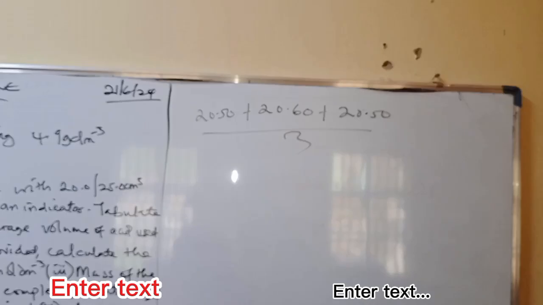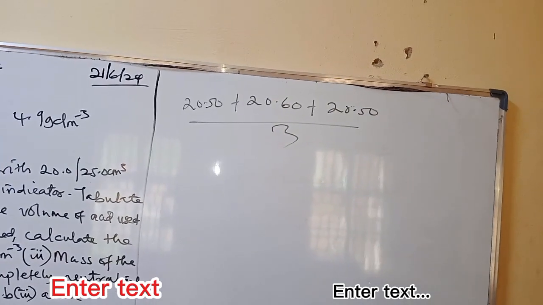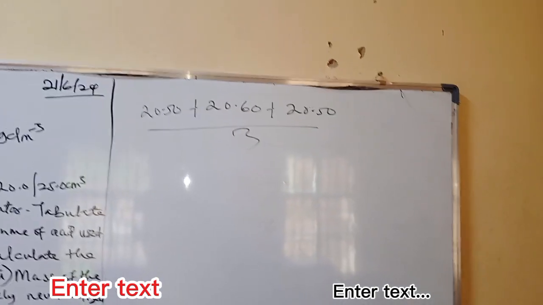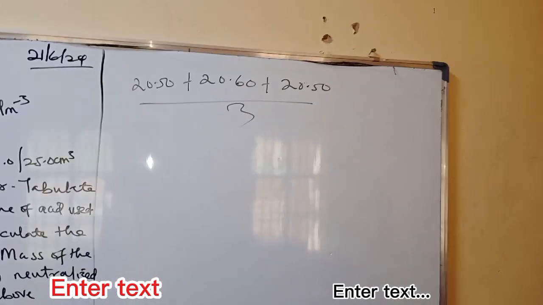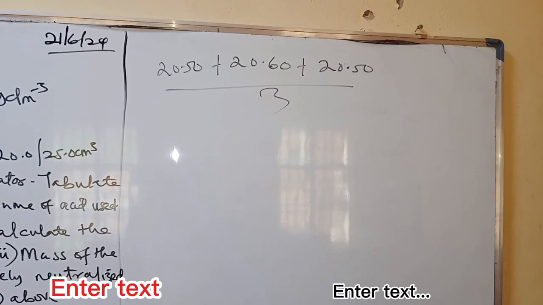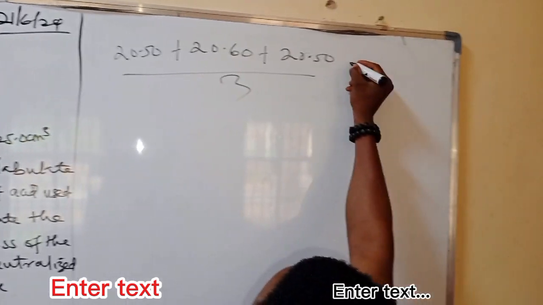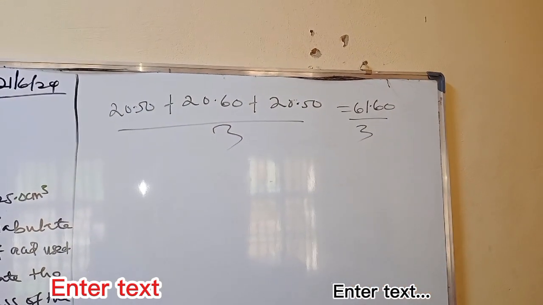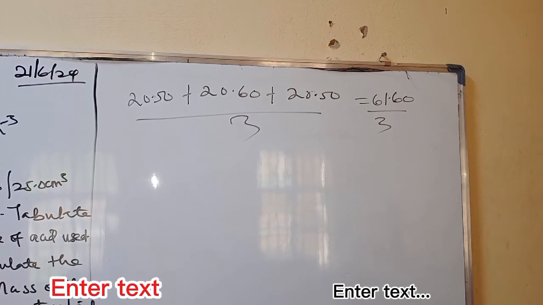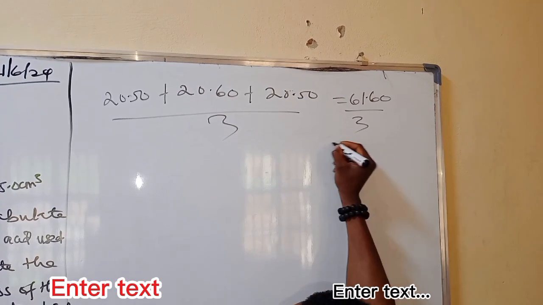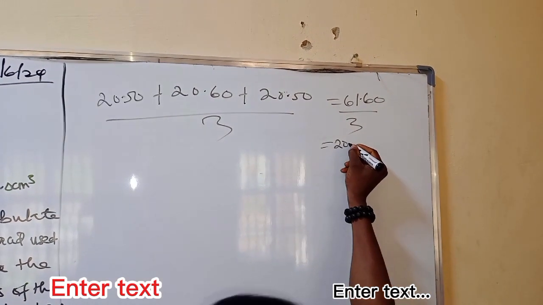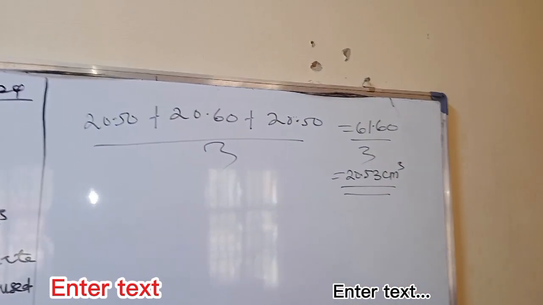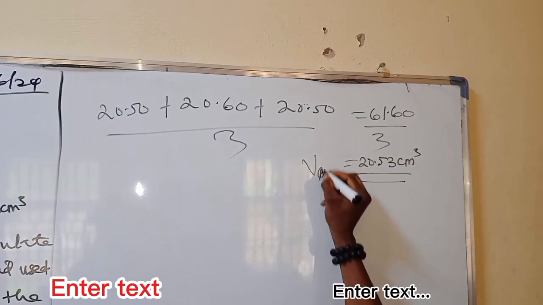We use our calculator. 20.5 plus 20.60 plus 20.5 equals 61.60. We divide it by 3, and this is equal to 20.53 centimeters cube. Now, that is your V, your volume of acid used.